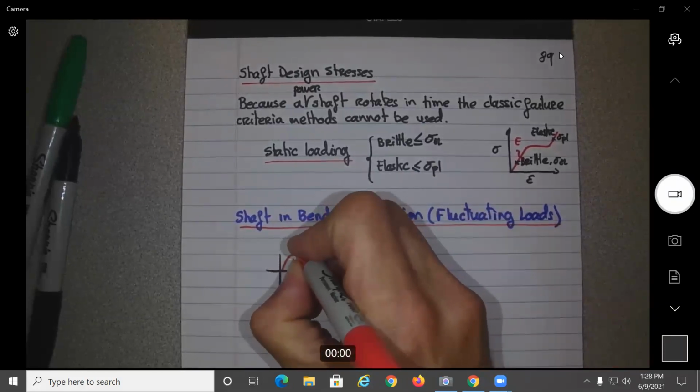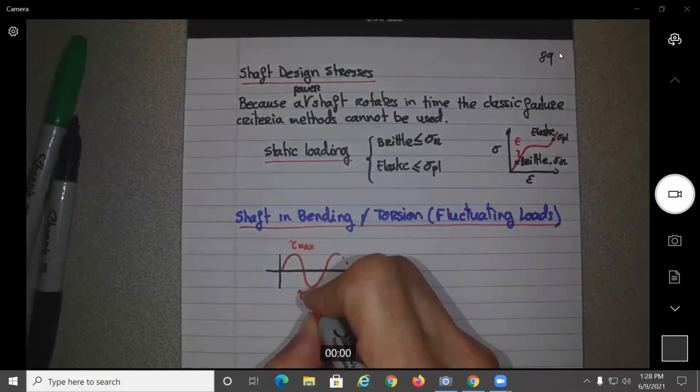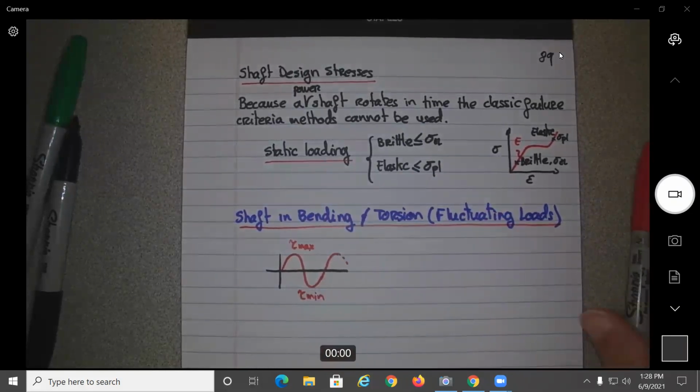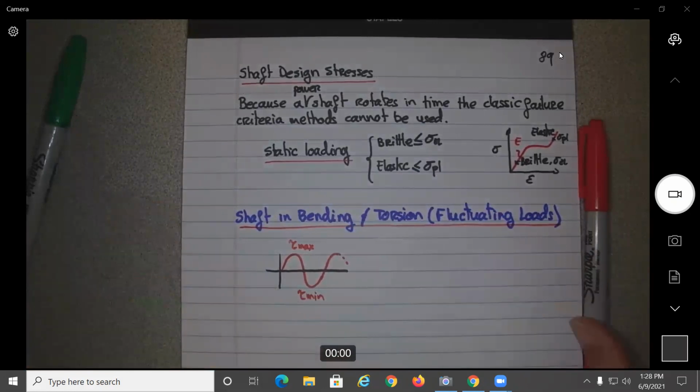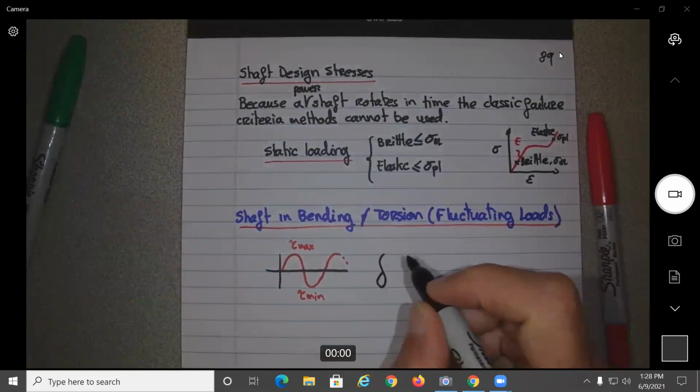So if we look at shear, if we look at the cross section of the beam, or the shaft, sorry.